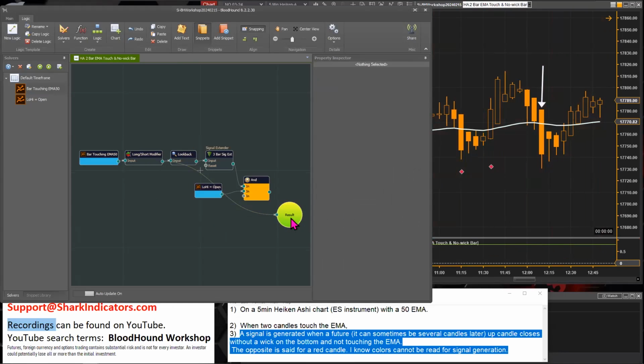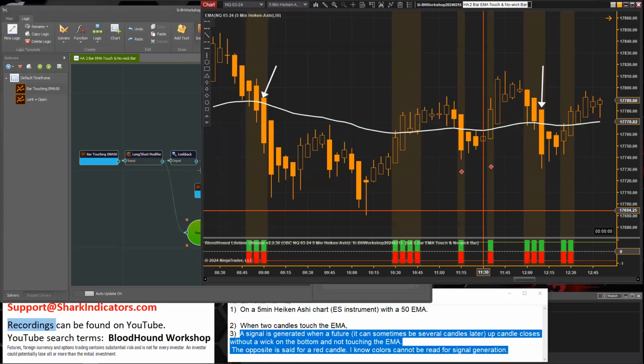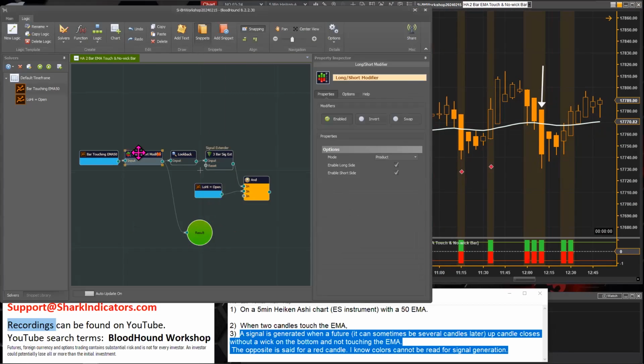Instead, what we're looking for is we want to identify the bars opposite of the ones that are touching. The bars that are opposite of the ones touching. So I could either use an inverter, or let's see if there's a function of the long-short modifier that I can use.